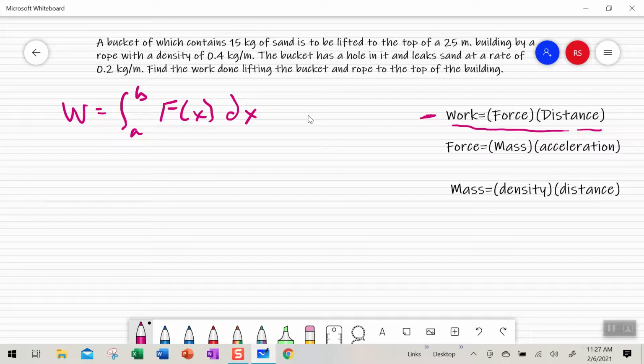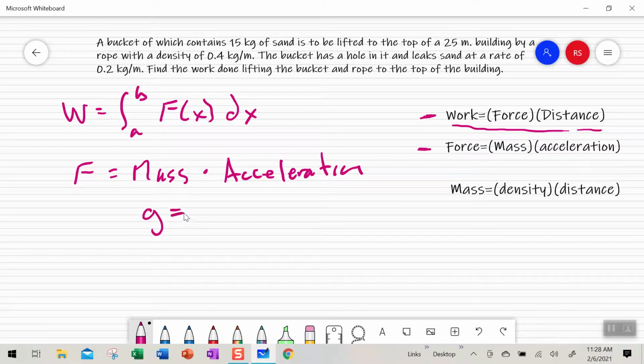All right, so to use this integral, we need to find the force function. Well, we know that force is mass times acceleration. And as I just said, acceleration is going to be acceleration due to gravity, which is represented by g equals 9.8 meters per second squared.